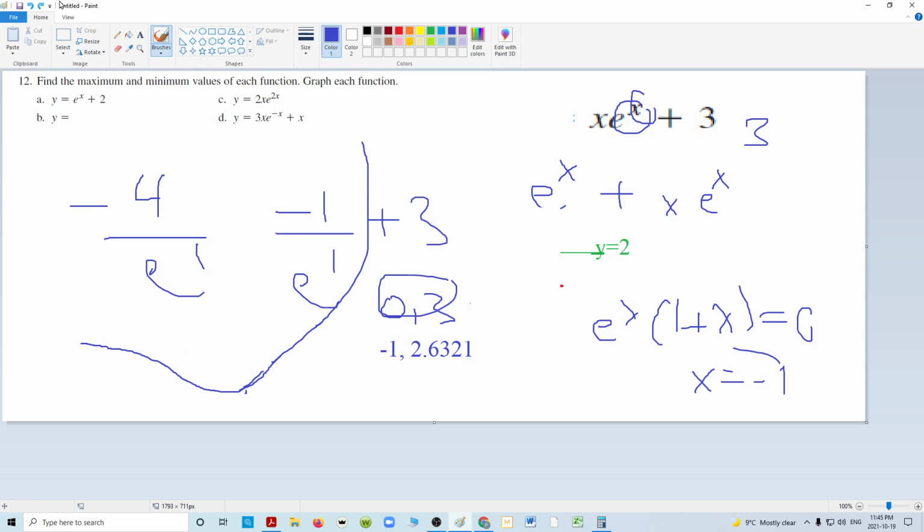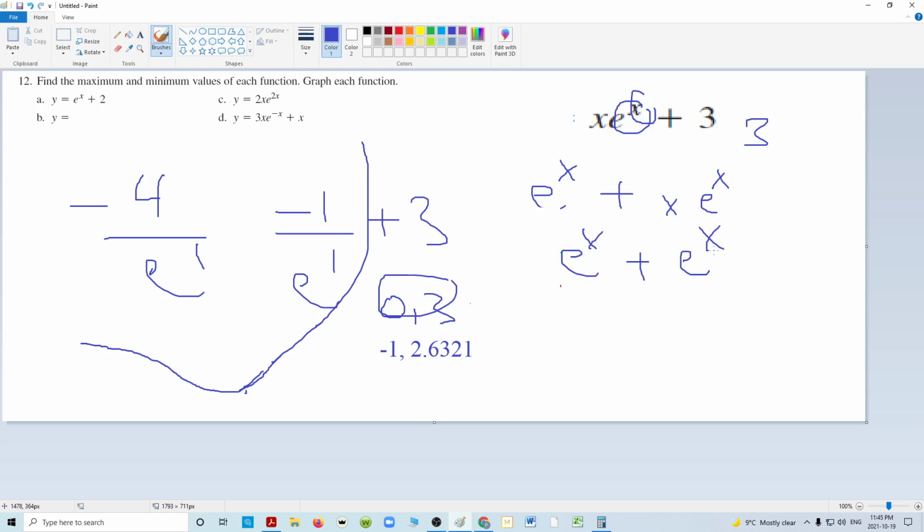Now, to figure out if that's a min point, we can take the second derivative. Second derivative of this is this. Then it's the product rule again. Ironically, you're going to get a very similar thing.